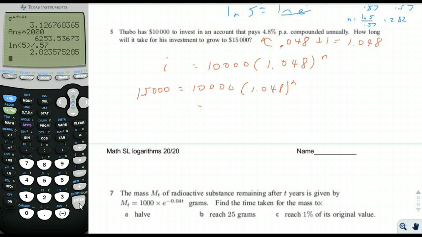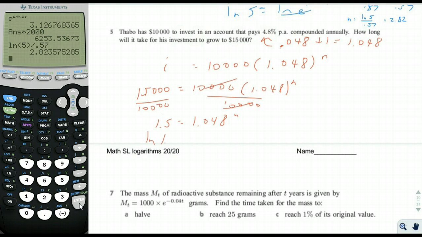Before we start that, let's divide both sides by 10,000 because we want to isolate the n. We can do some regular algebra to isolate n first. Okay, 1.5 equals 1.048 to the n. Now we can do a log.